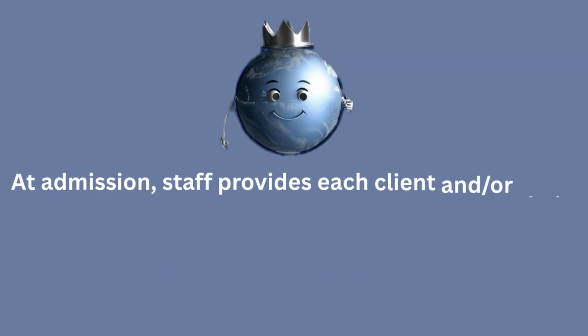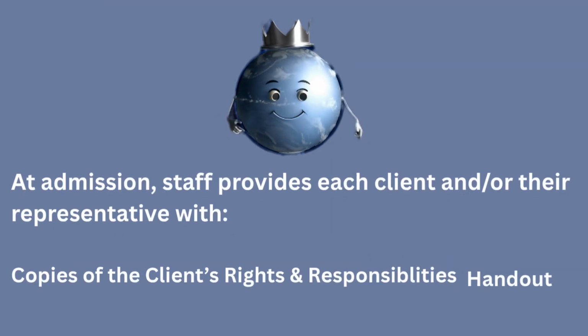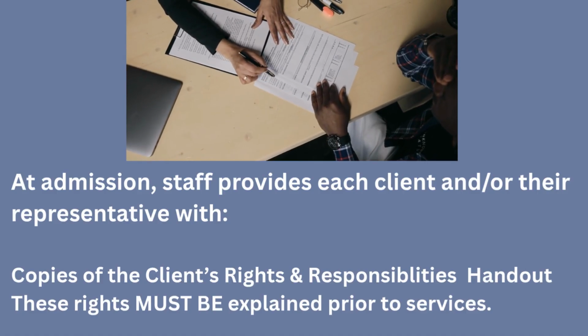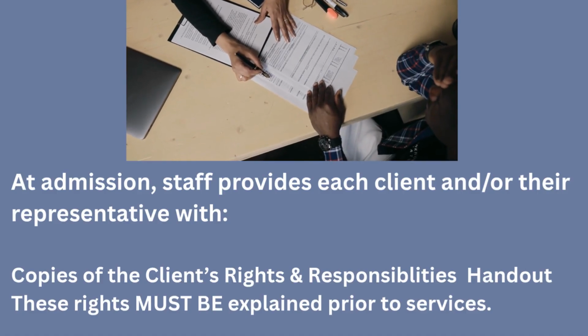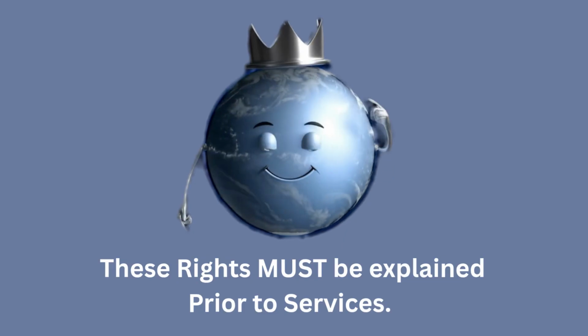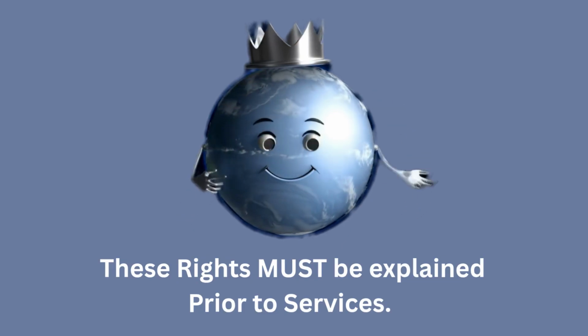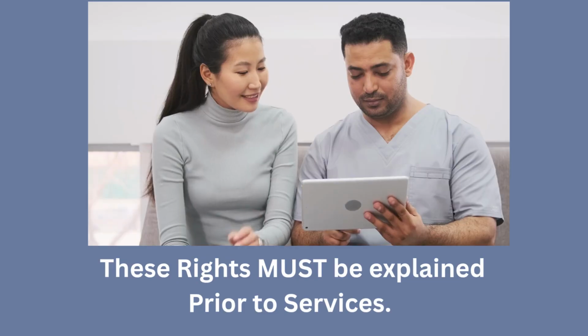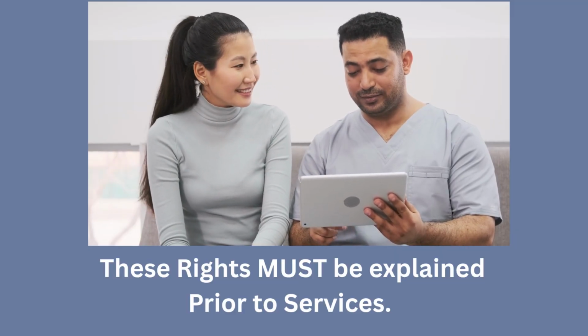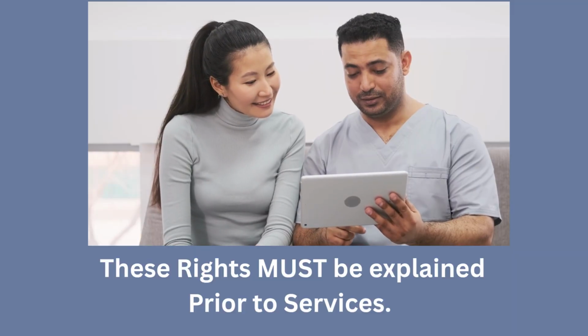When a new client arrives, it is our responsibility to provide both the client and their representative with a physical copy of our client's rights and responsibilities handout. Most importantly, these rights must be explained clearly and thoroughly before any services begin. This ensures that everyone is on the same page and feels empowered from day one.